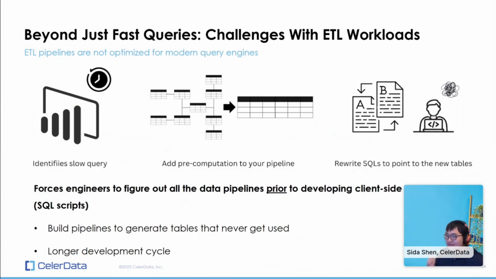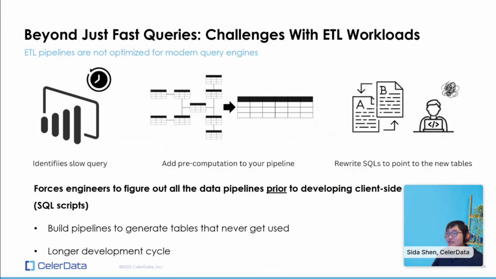After some analysis, you figure out the only way to solve that slow query is through a pre-computation pipeline, so you probably pre-join a few tables into a denormalized table. But that whole thing is not going to take effect until you rewrite the SQL or redo your application to point to the new tables.